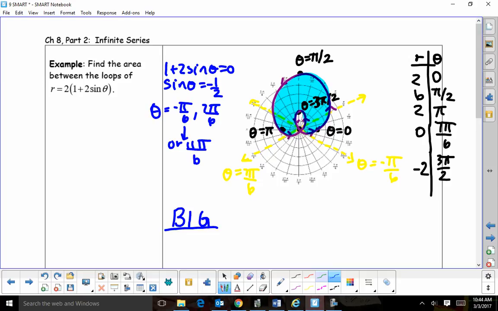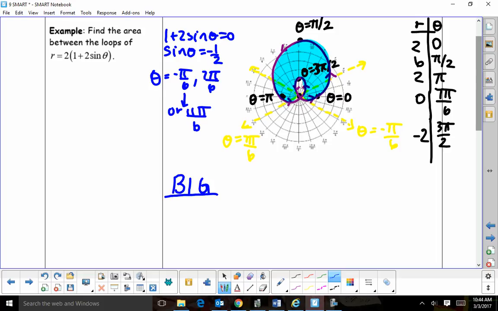So where does the big area start? Negative pi over 6. So it starts here at negative pi over 6 and it goes until pi over 2. Did anybody say, I'm going to start at pi over 2 and go until, what? 7 pi over 6. That would have been fine as well. Either one of those cases, we will then have to double, because both of those are half.